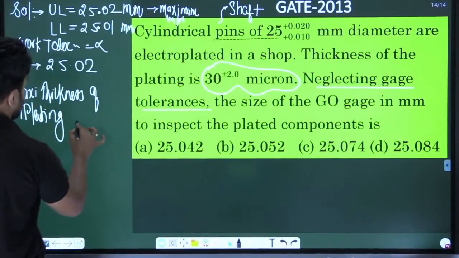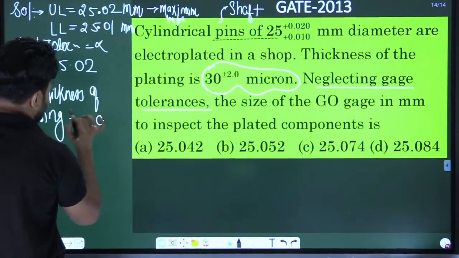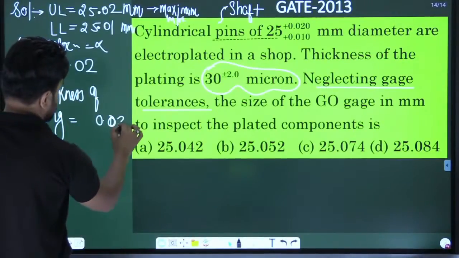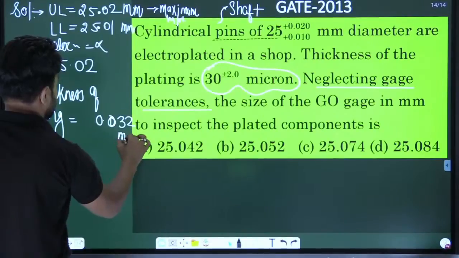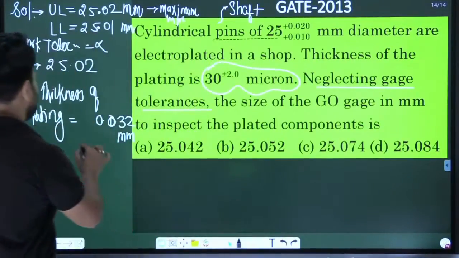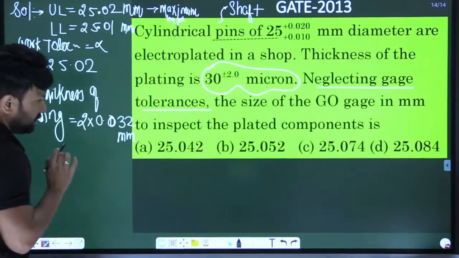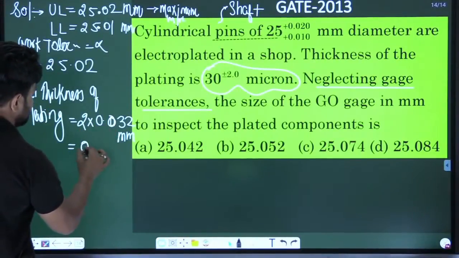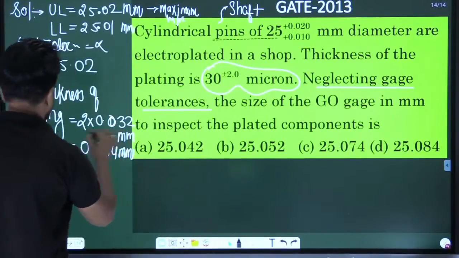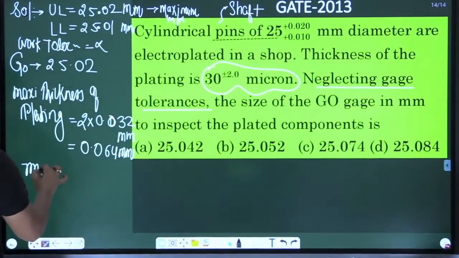So you will write 0.032 mm, but the plating will be done on a shaft radially, so you have to make it twice. So it will become 0.064 mm.